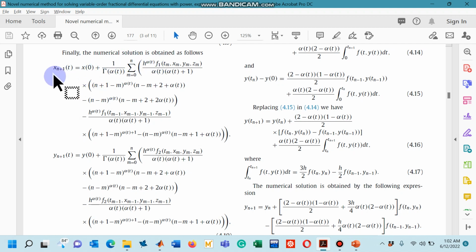Look at this first equation in 4.10, and then I will show you the MATLAB code, which is very easy to understand since I have used the same notations in the code as well. I have designed the code for both constant order and variable order.